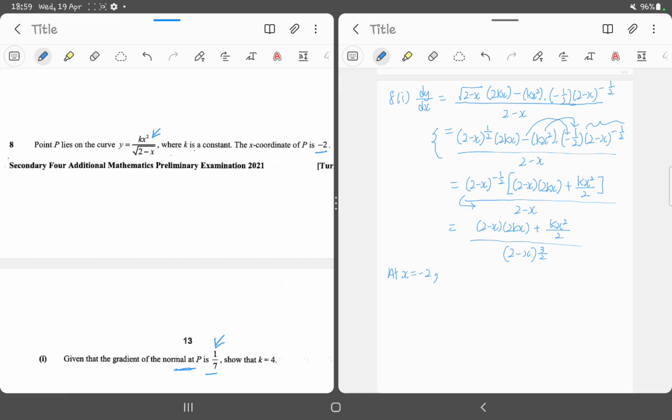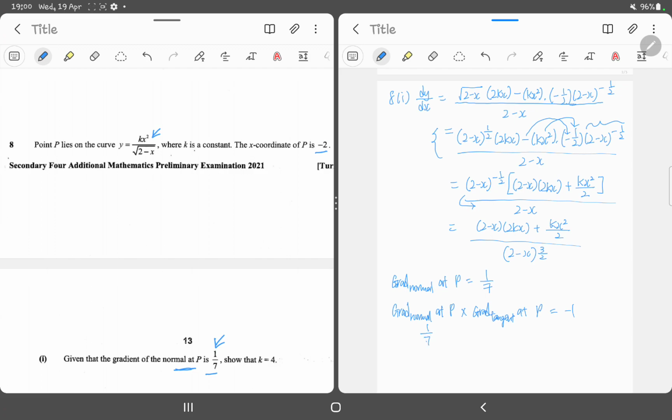Because if the gradient of normal at P equals 1 over 7, then we also know what we have learned: the gradient of normal at P times the gradient of tangent at P equals minus 1.